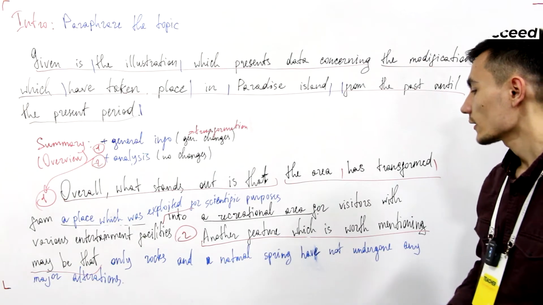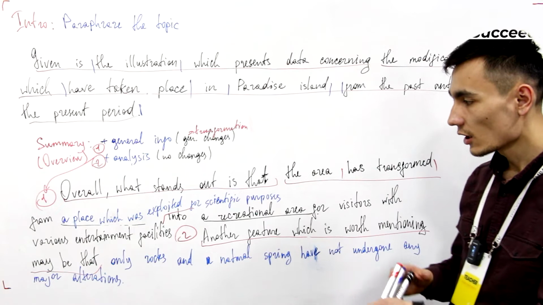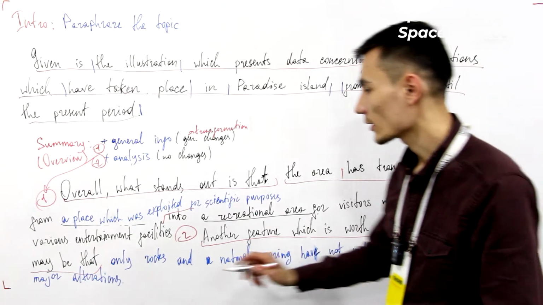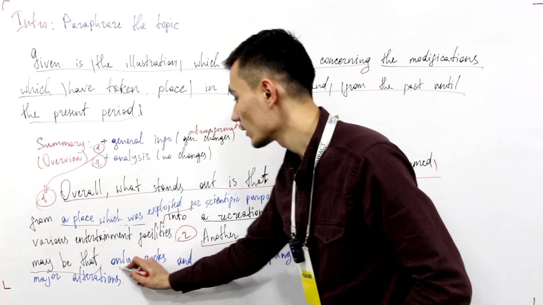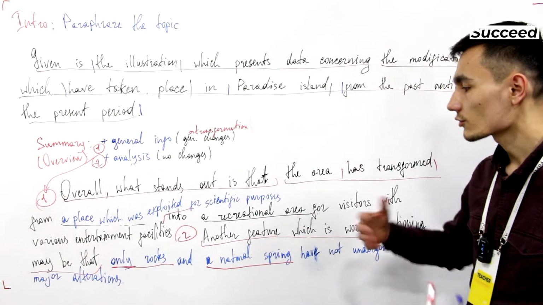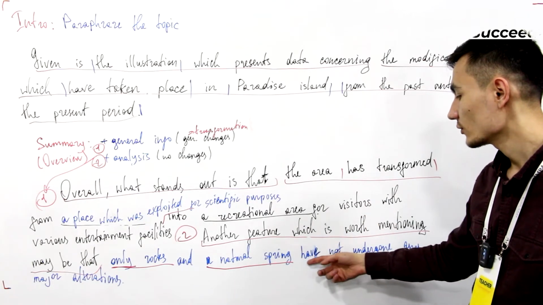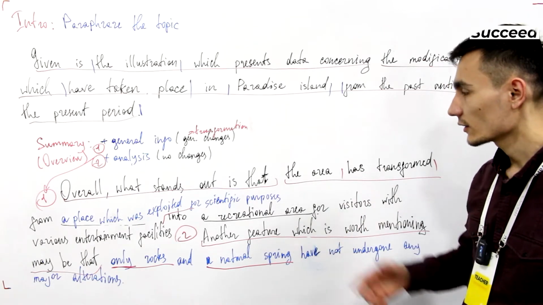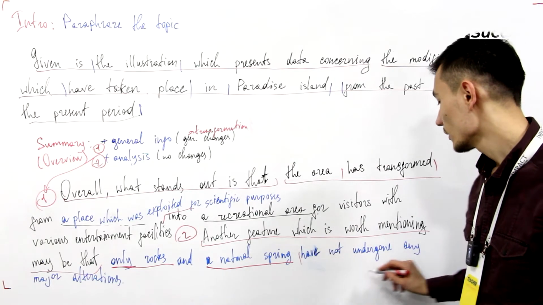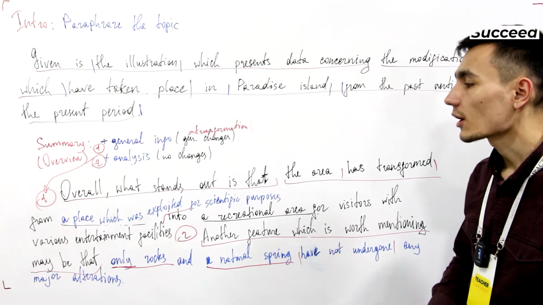So as you see, I said "another feature which is worth mentioning may be that," which is the beginning of our structure, and you just write here the thing that didn't change. So only rocks and a natural spring in my case. The reason why I used present perfect is that it's connected to the present period again. And I just said "haven't undergone any major alterations."